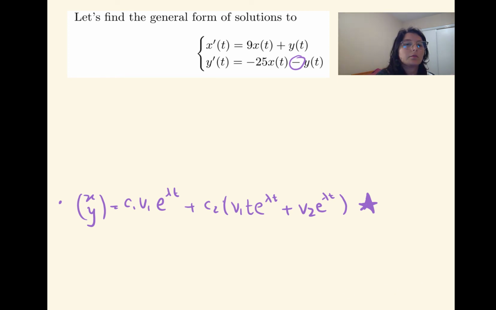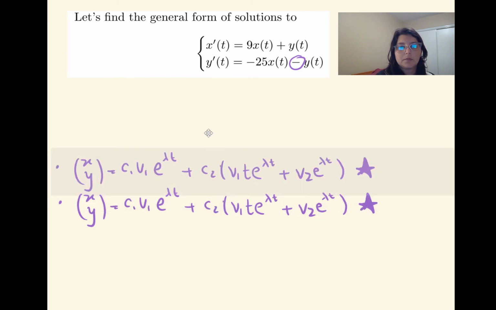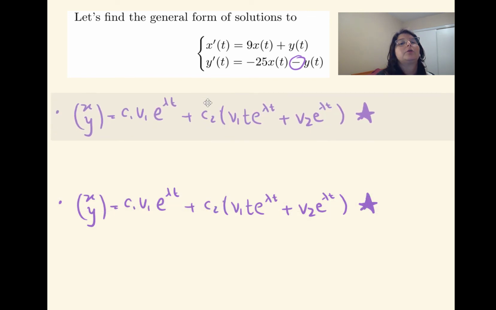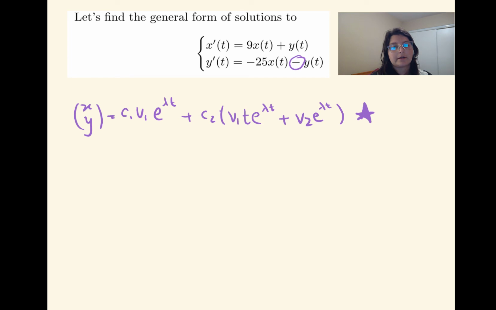Okay, so to obtain this formula, we want to use linear algebra. We want to apply a transformation that turns the system that was given into a system we can deal with very easily.